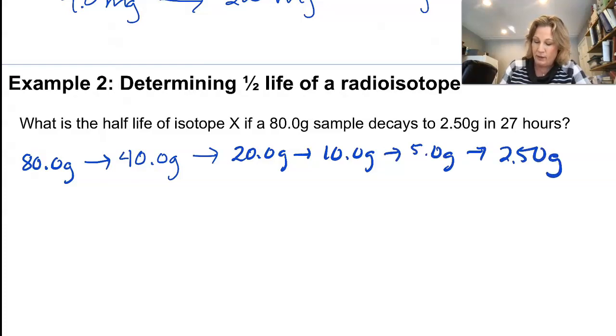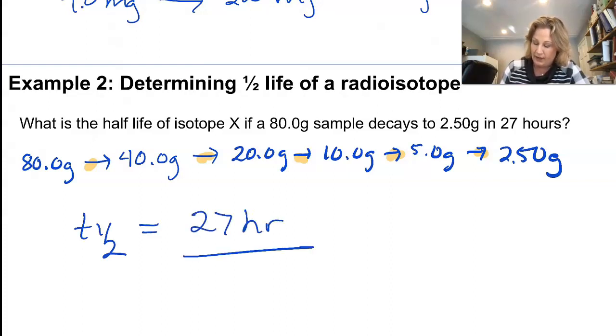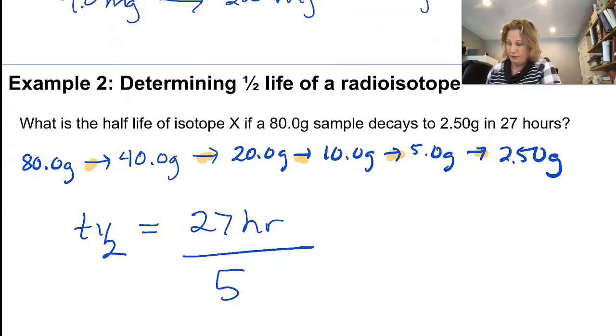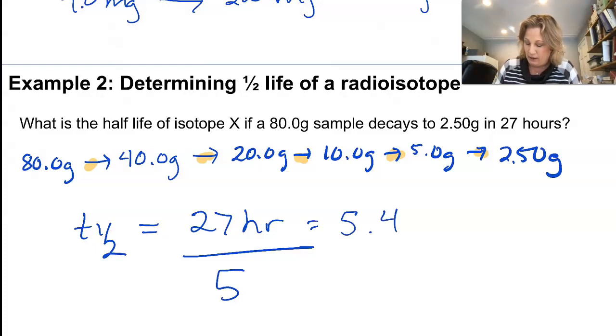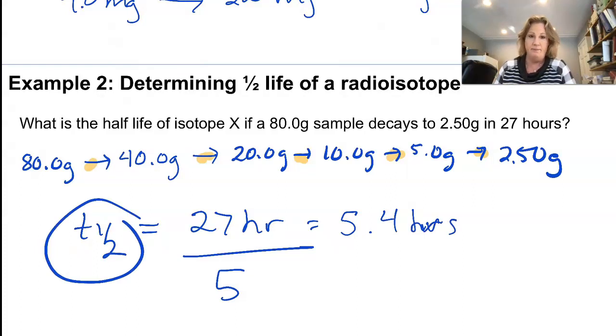So it really underwent 1, 2, 3, 4, 5 half-lives in 27 hours. So the half-life of this isotope is going to equal 27 hours divided by 5. That would give the time for each one of those half-lives. So I get 5.4 hours would be the half-life of this particular element.